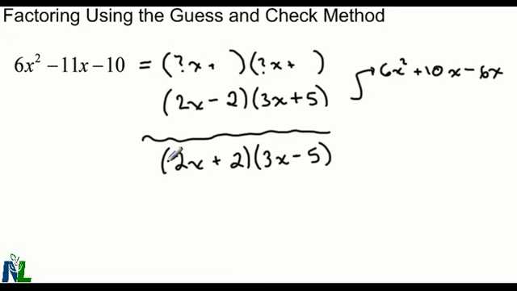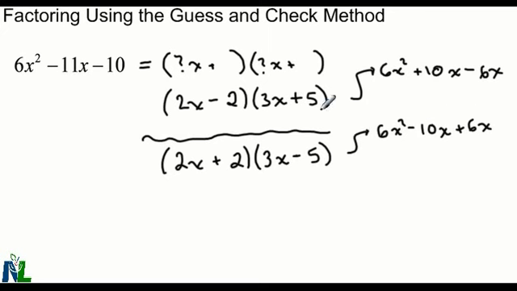So now I've got 2x plus 2 and 3x minus 5. So I'll try that. If I do that, I'm going to get 6x squared minus 10x plus 6x. And once again, I can stop. So I know now that I've got the 2 and the 5 placed incorrectly, because this again would not give me a negative 11.